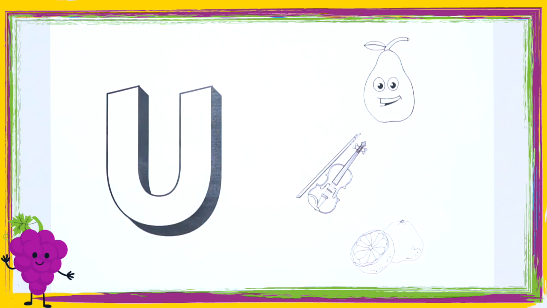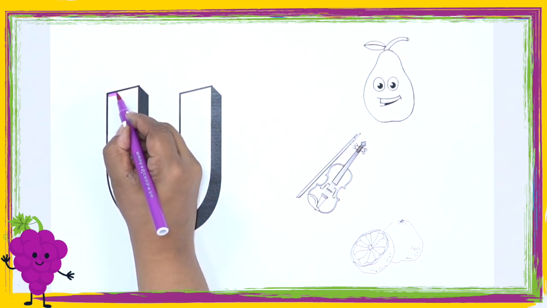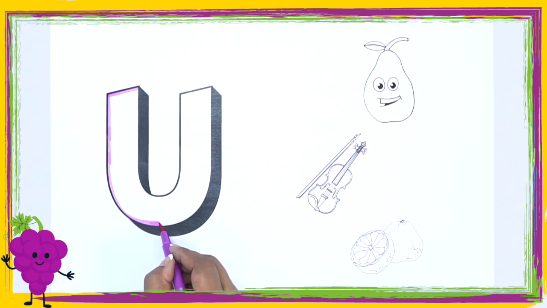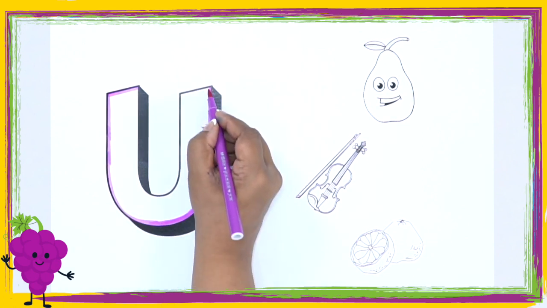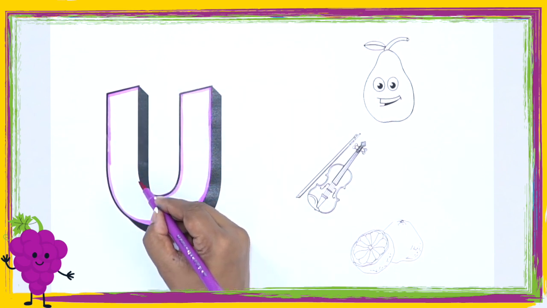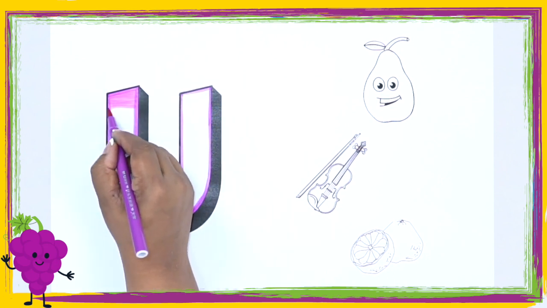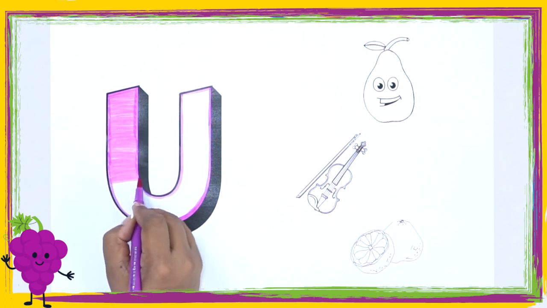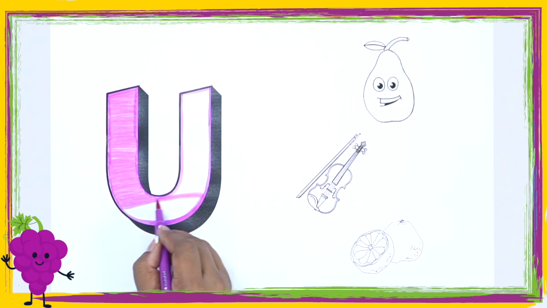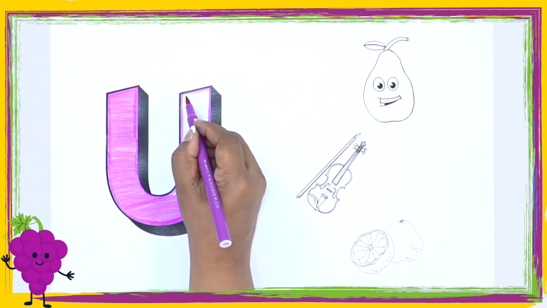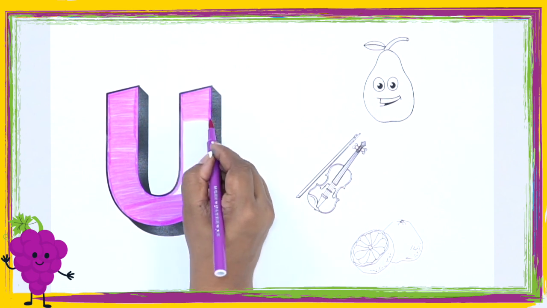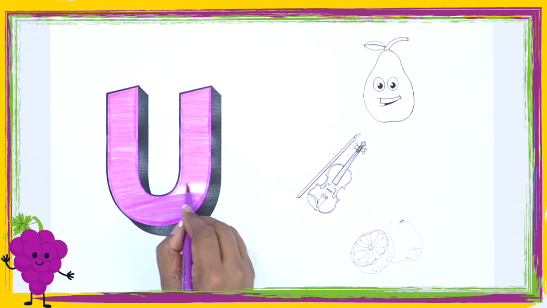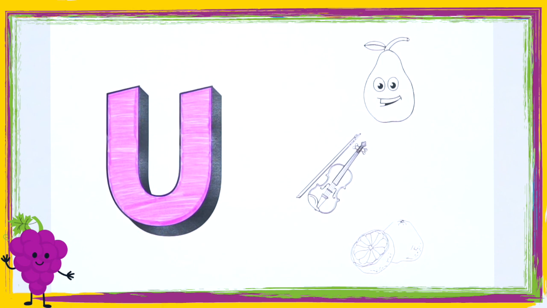This is U. Let's color the alphabet U. U. Can you help find us what comes from U?